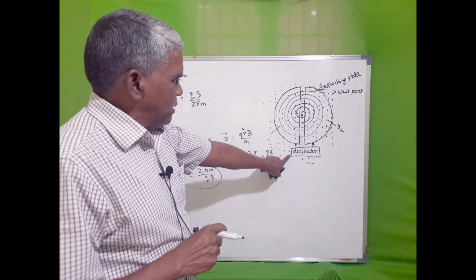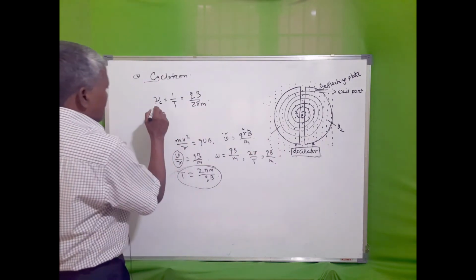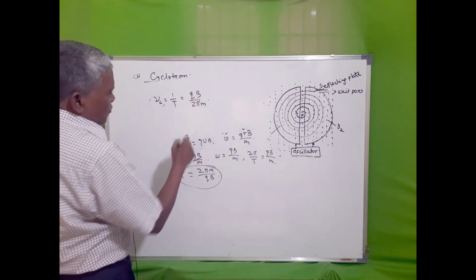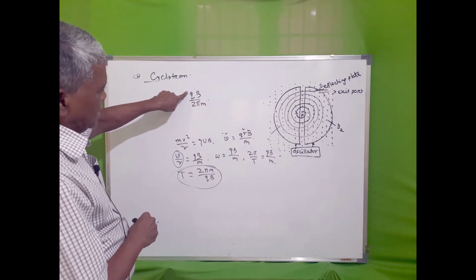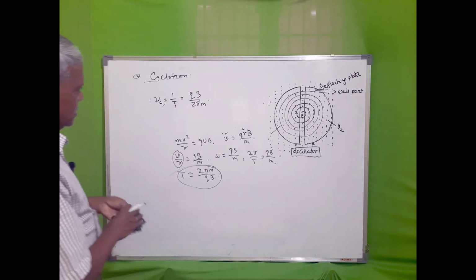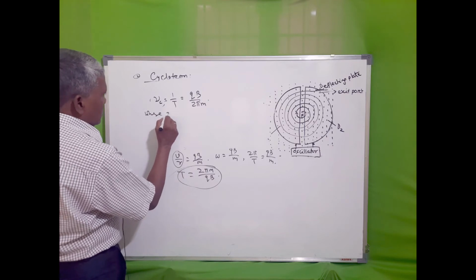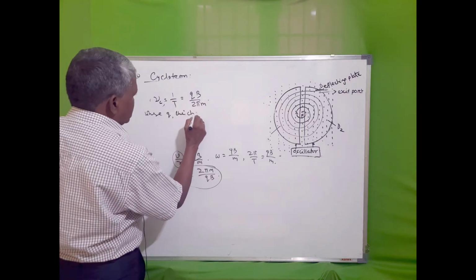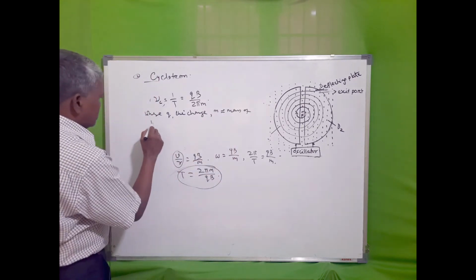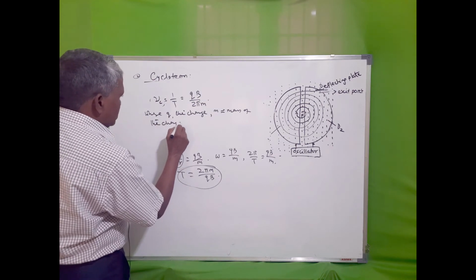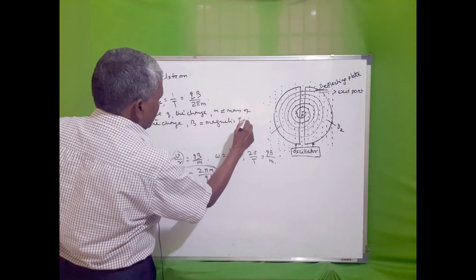So the oscillator is adjusted so that its frequency is equal to qB by 2 pi m, where q is the charge, m the mass of the charge, and B the magnetic field as applied.